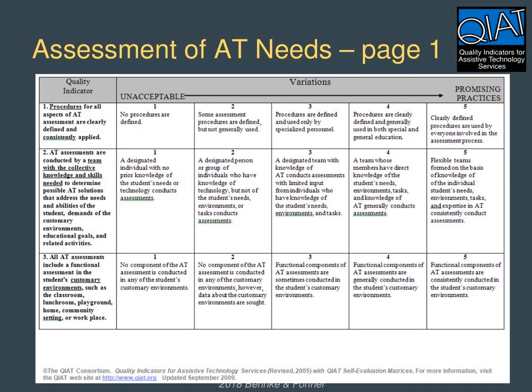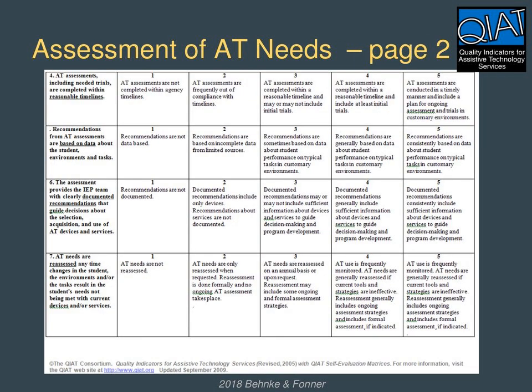For the people who haven't, the QUIET resource is just QIAT.org, and yes, it is pronounced quiet, not Kiat, or all the other things that people want to do with it. But these pages are matrices where you read down the left-hand column the type of indicator that it's a quality service here in the area of assessment, but there are 8 other areas.